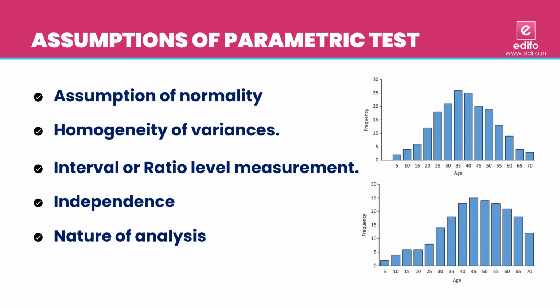So these are the very common applicable assumptions of parametric tests. By understanding these assumptions, you can get an idea about which test you can apply to prove your hypothesis.